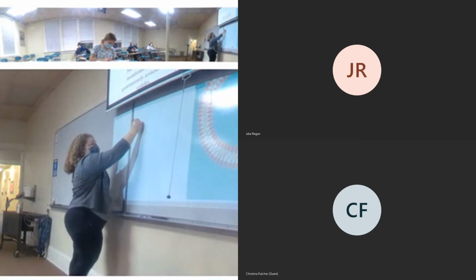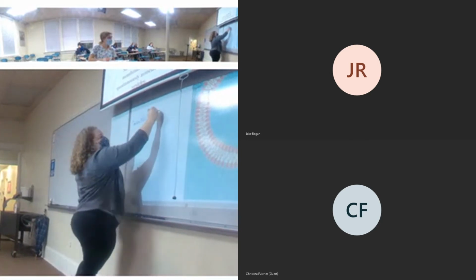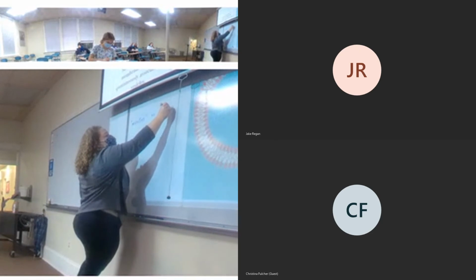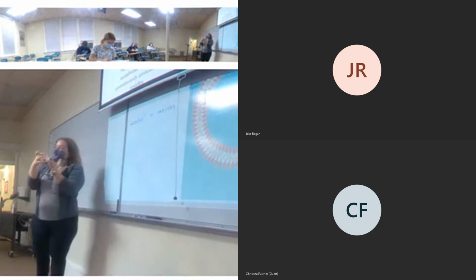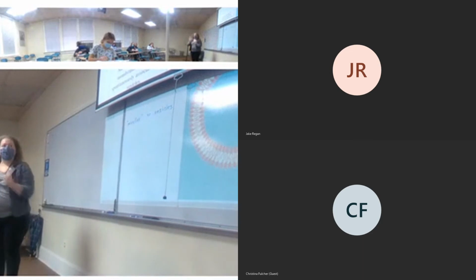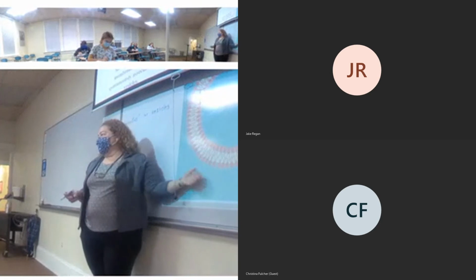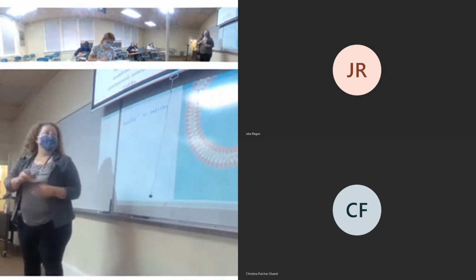So we could call these micelles, or we could call these vesicles. And it's a sphere of phospholipids with an inside compartment, outside compartment, and that's spontaneous.